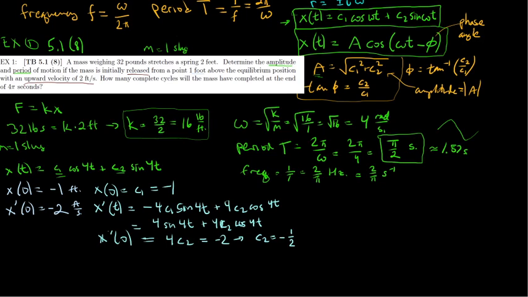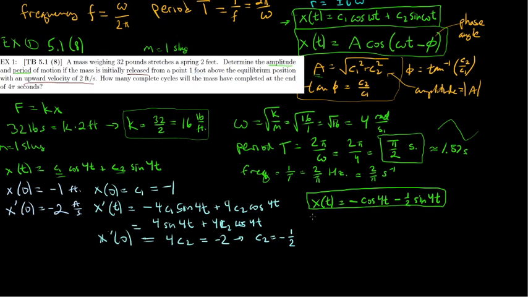And so now let me write down the equation of motion here. The displacement x is just going to be negative cosine of 4t, and then minus 1/2 sine of 4t. So this describes the displacement as a function of time.